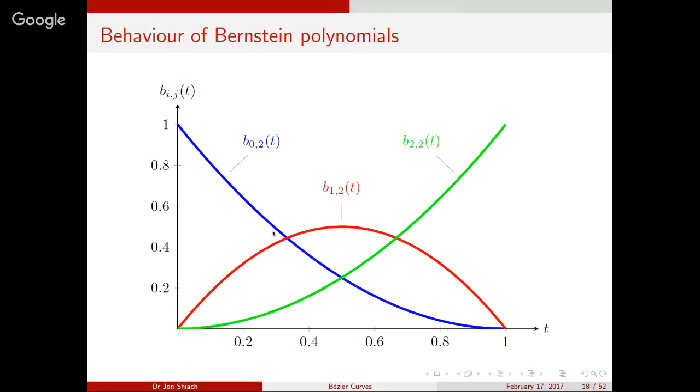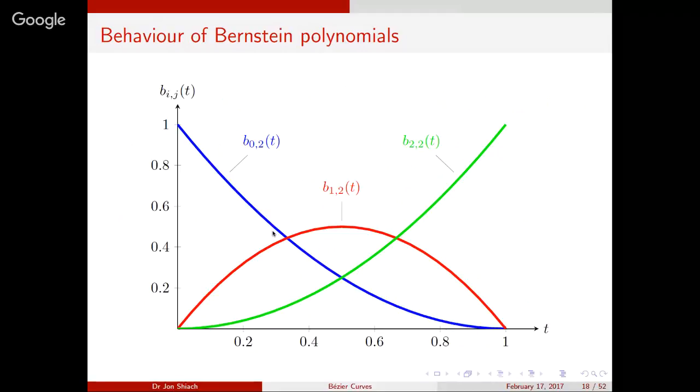So when t is equal to 0, we're all about the first control point. As we increase t, the effect that the first control point has on the curve decreases as the other two increase. We get to a point where the middle control point has more of an effect on our curve than the first control point.